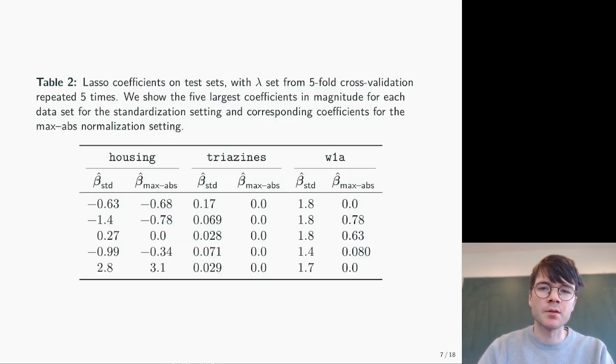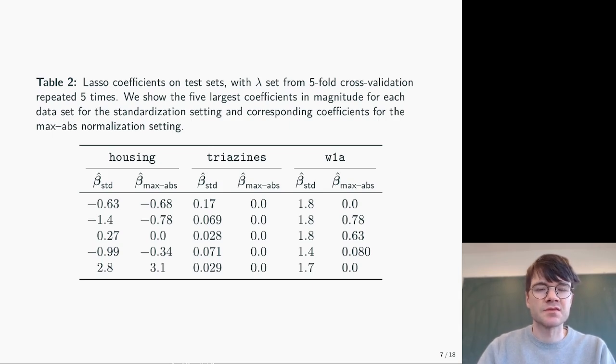And here's another example where we have taken the same two data sets but added another one, the Boston Housing data set. And instead of just fitting lasso paths here, we have done 5-fold cross-validation, repeated 5 times. We're showing the 5 coefficients with the largest magnitudes in the standardization scheme, but are also showing the corresponding coefficients from the maximum absolute value scheme.